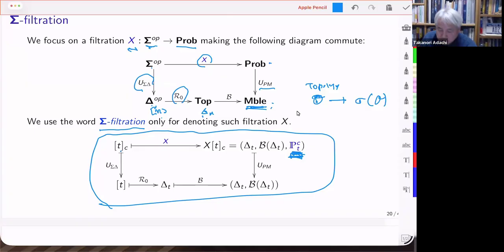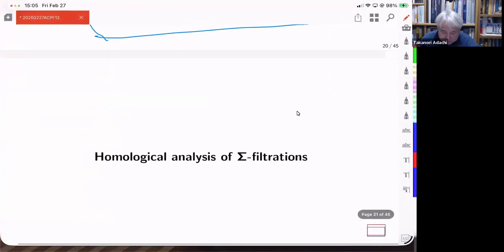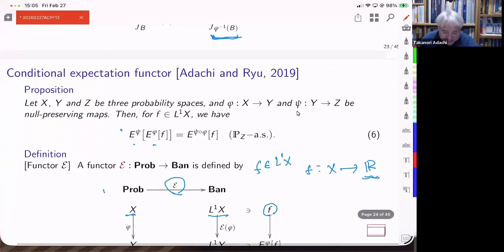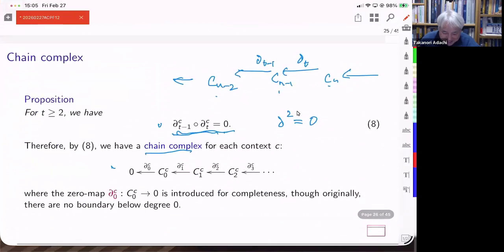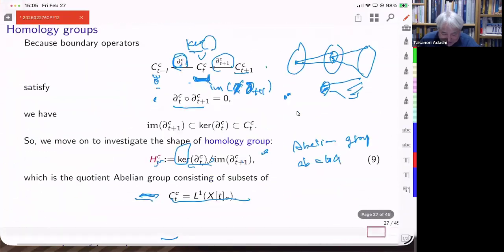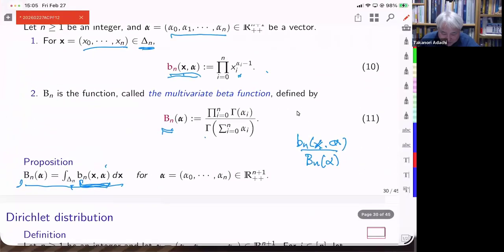We need to define these, and we will specify this probability measure with a Dirichlet measure, or Dirichlet function. Okay, so that is what we did.